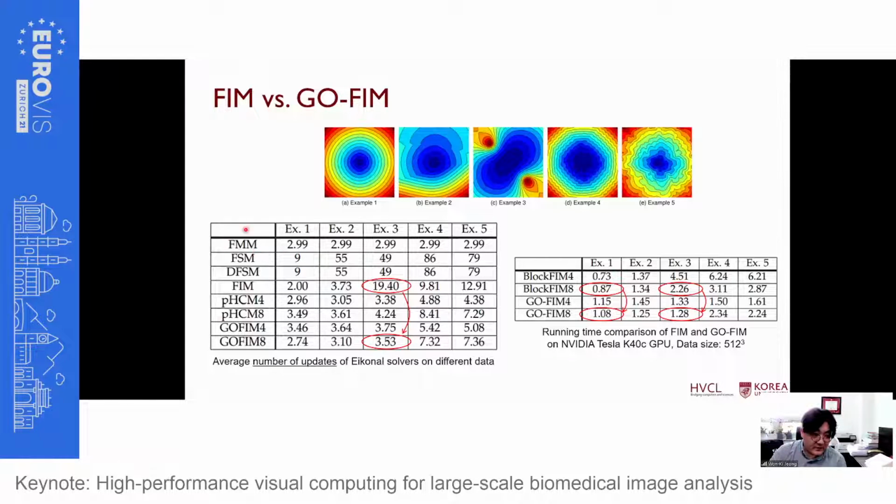As you can see here, for the fast marching method, which is the Dijkstra-based method, the total number of updates is just the same because they use a heap. So they use only the minimum number of updates. But in our case, this can increase to close to 20, which means a single pixel needs to be updated 20 times. This is even much higher than the fast marching method.